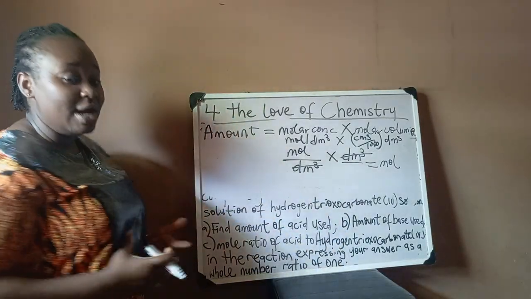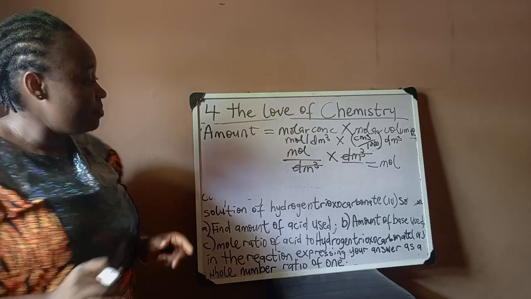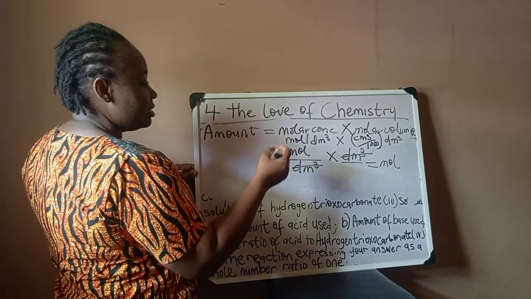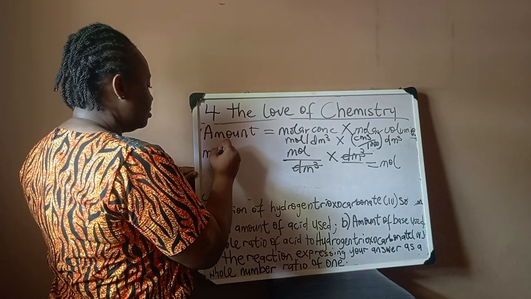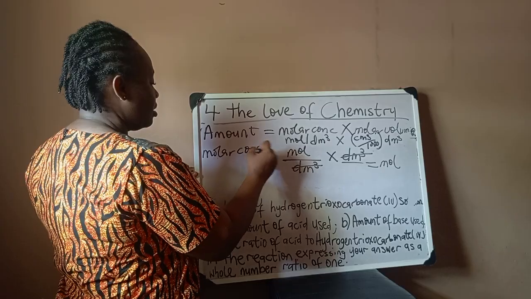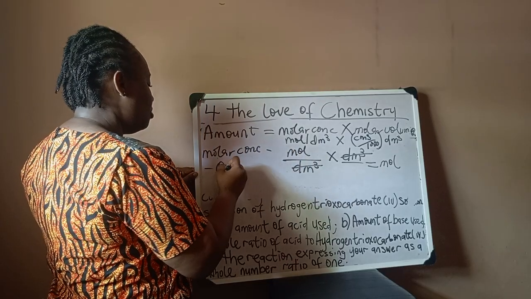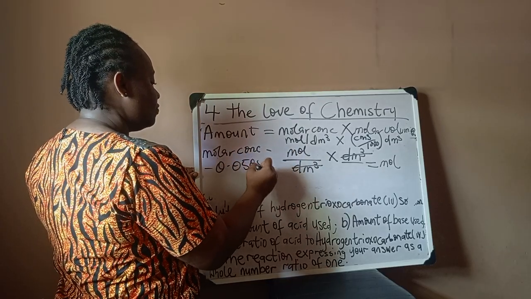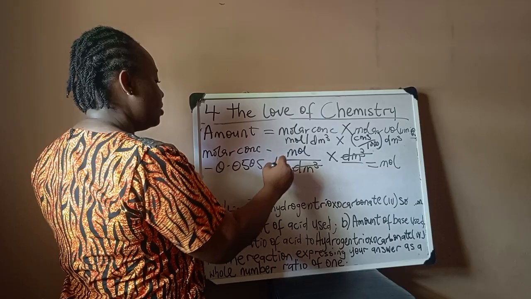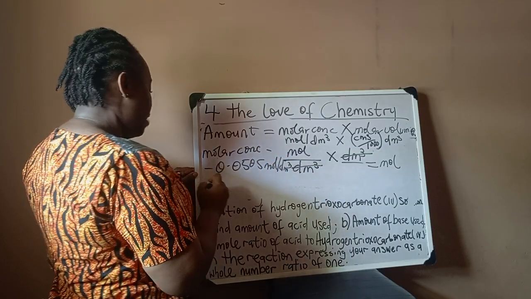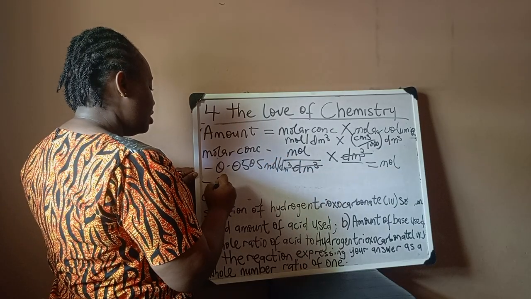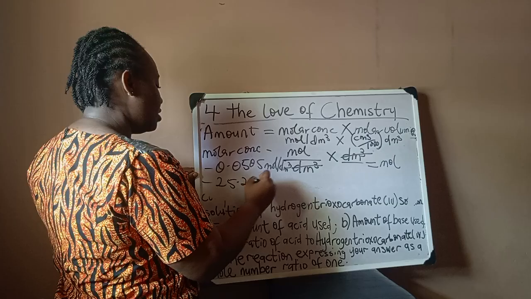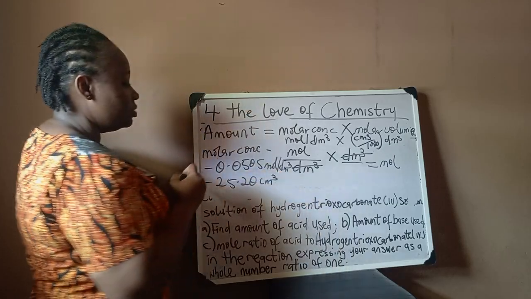Now let's actually put in our parameters. So we have that molar concentration is 0.0505 mole per dm cube, while our volume is 25.20 cm cubed.